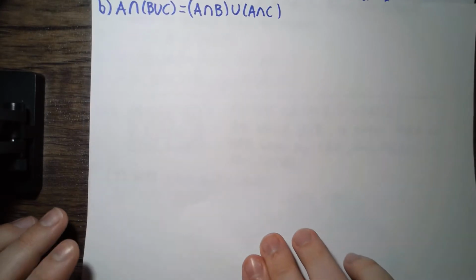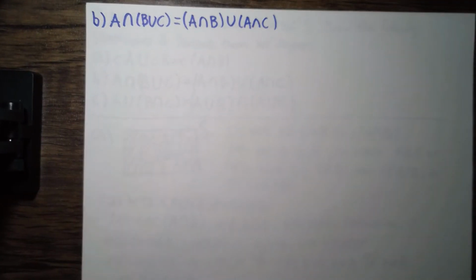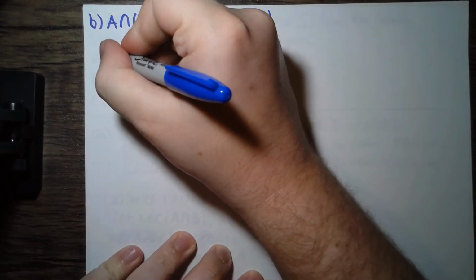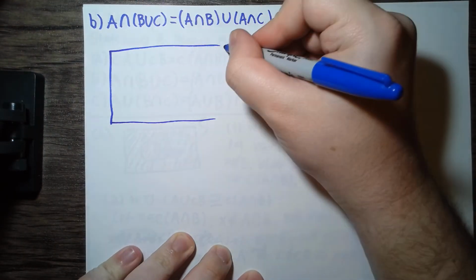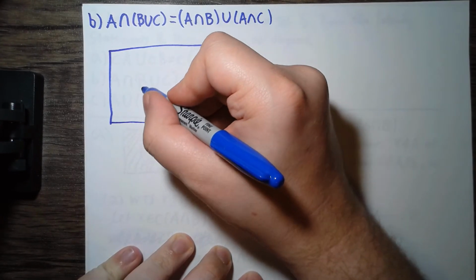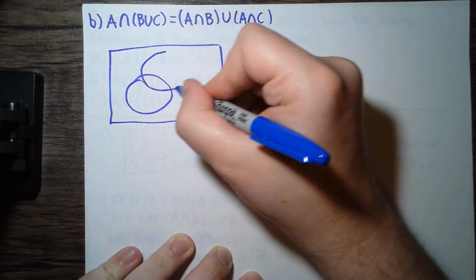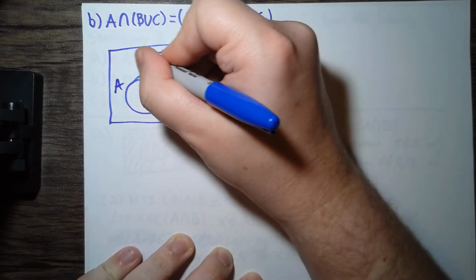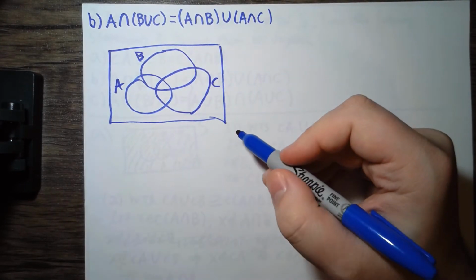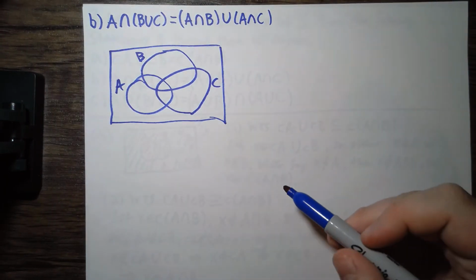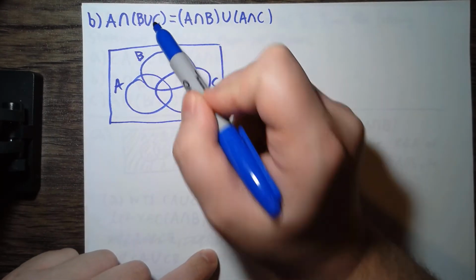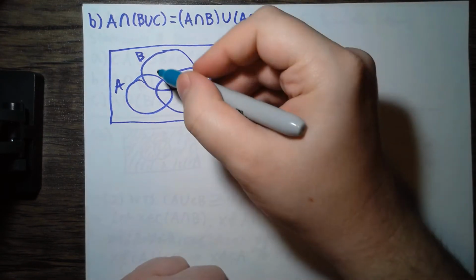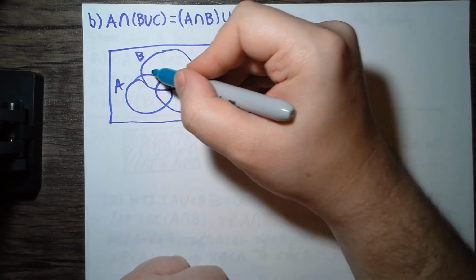So now for part B, let's draw our Venn diagram to help us out. So we have three things, I'll call them A, B, and C. So if we're looking at what A intersect B union C is, so B union C is this.